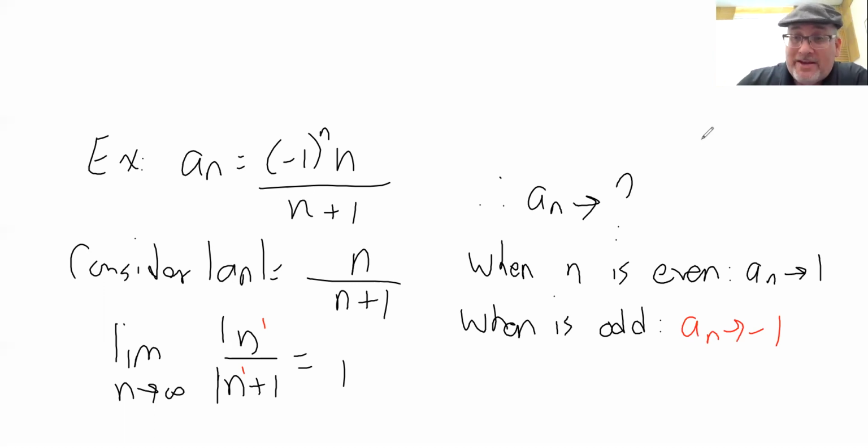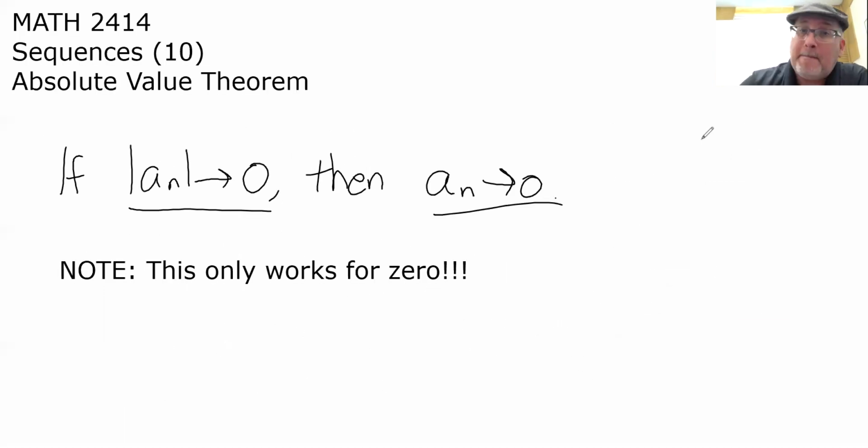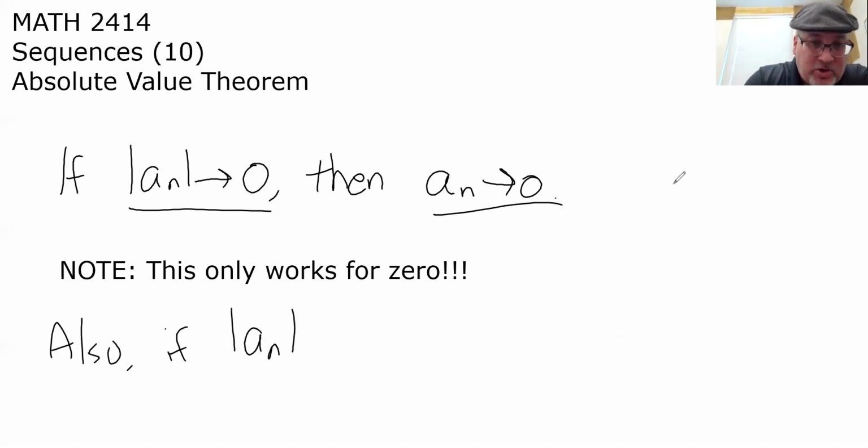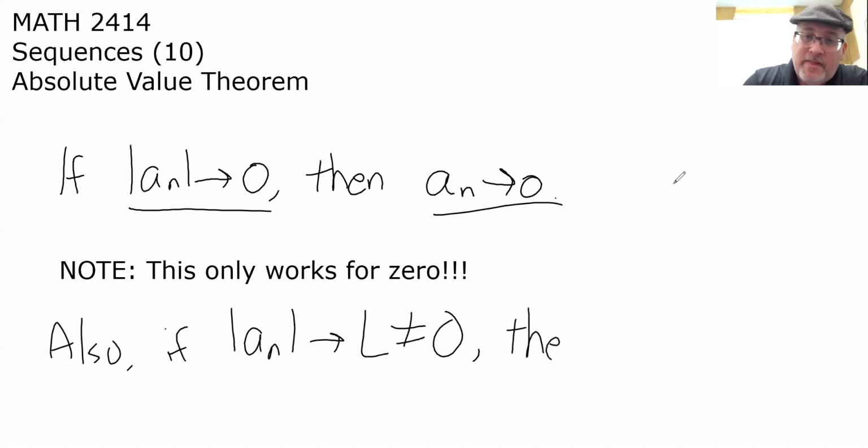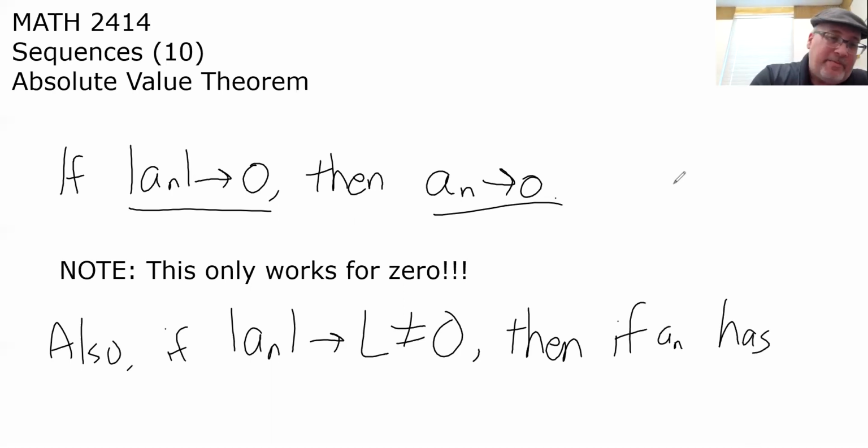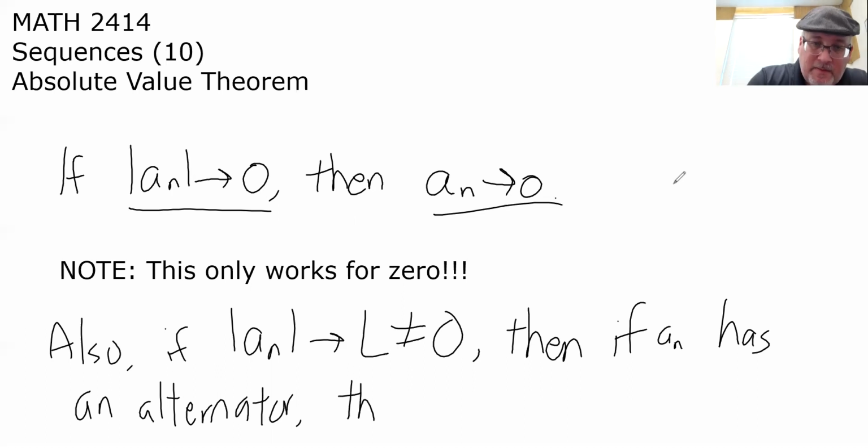So I'm going to amend the absolute value theorem and say that also, if the absolute value of the nth term approaches some limit L, which is not equal to 0, and a_n has an alternator, gotta be careful, then a_n diverges by oscillation.